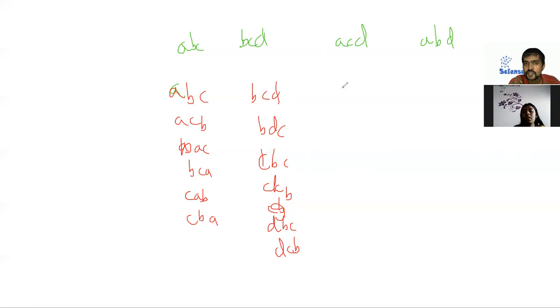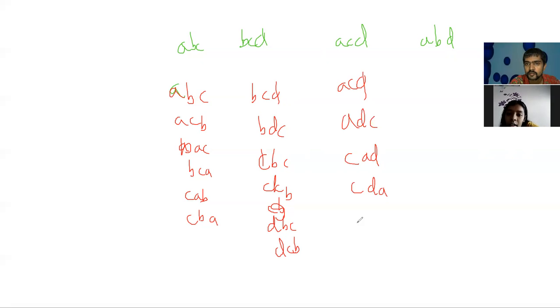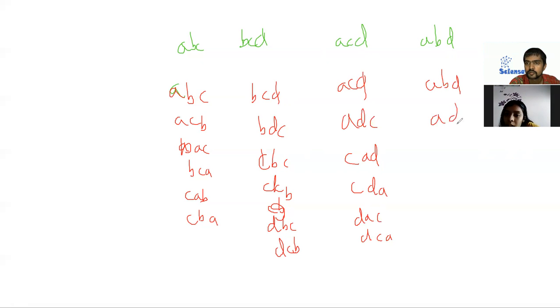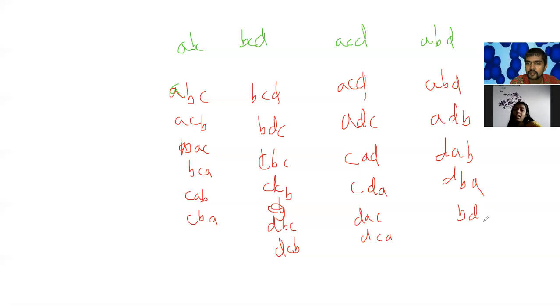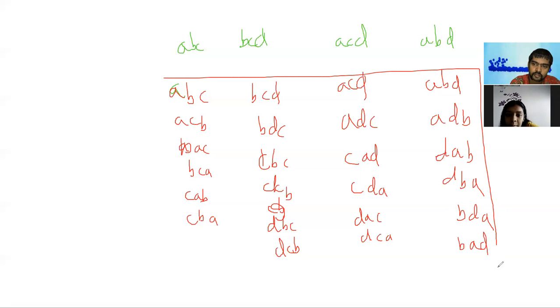And this ACD: ACD, ADC, CAD, CDA, DAC, DCA. Now this ABD: ABD, ADB, BDA, BAD, DAB, DBA.